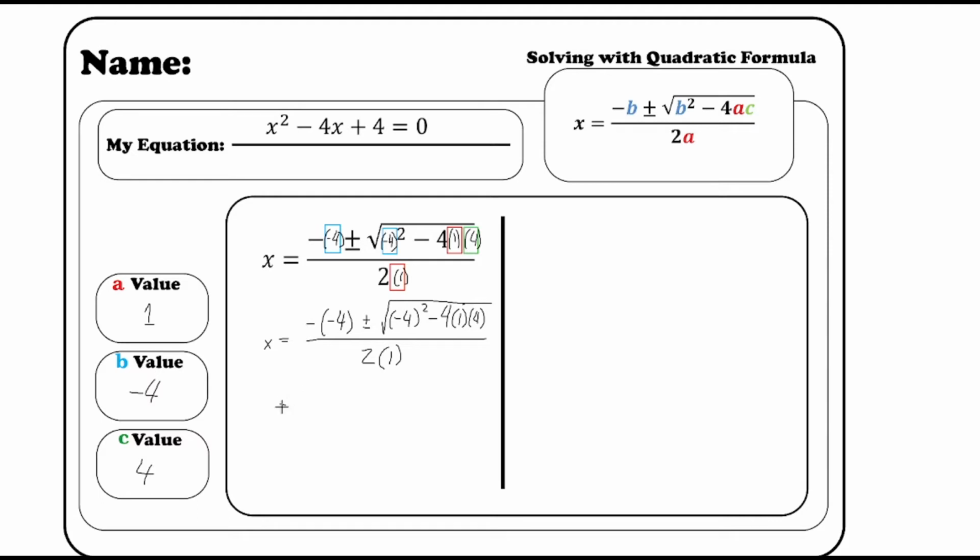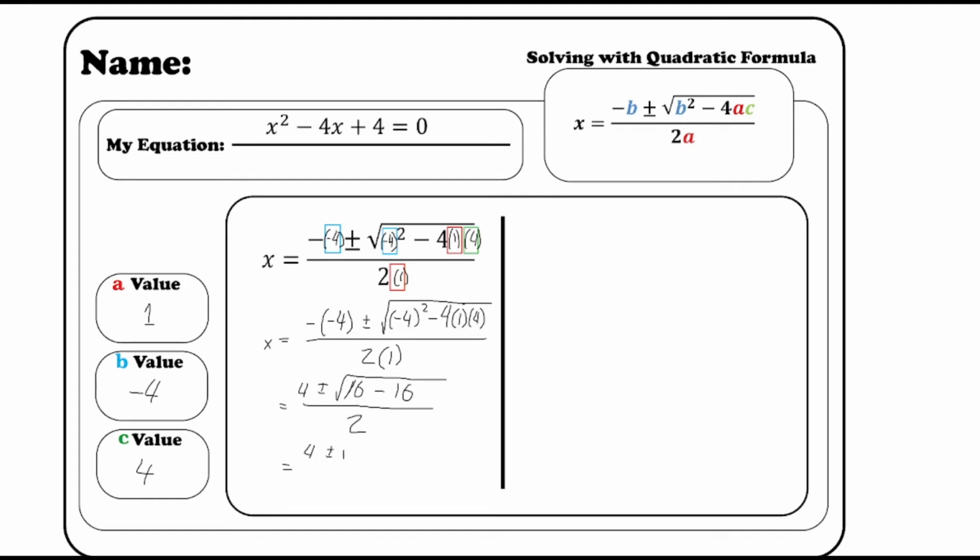Yan. So, again, solve na natin. So, negative of negative 4, that will give us positive 4 plus minus the square root of 4 squared. So, 16 yon. Minus 4 times 1 times 4. That's also 16. All over 2 times 1, which is 2.